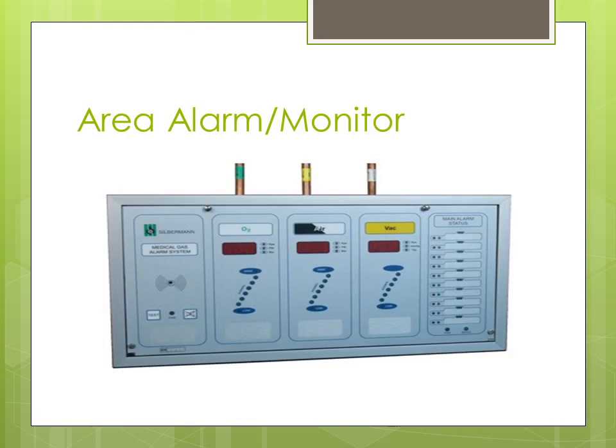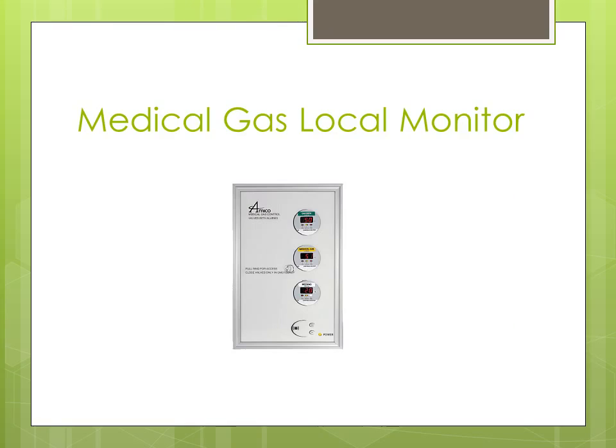Here's an area alarm. Again, it's a little more basic. This also, I think, could combo as a master alarm. But this is another type of alarm system that you might see out there. And then you get another alarm system. And this is what I call a local or zone alarm. Again, this becomes even more basic.